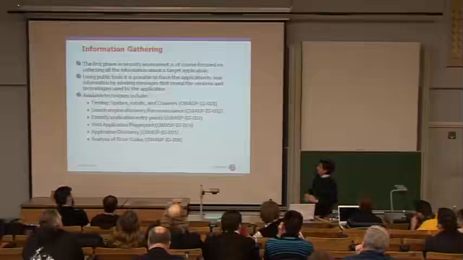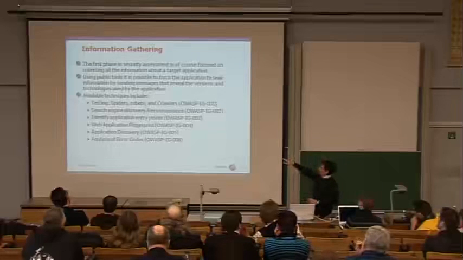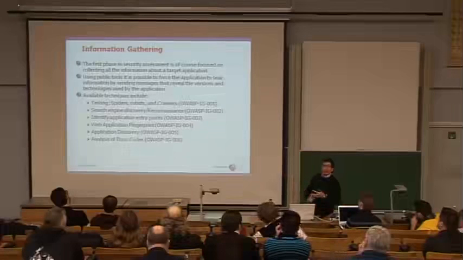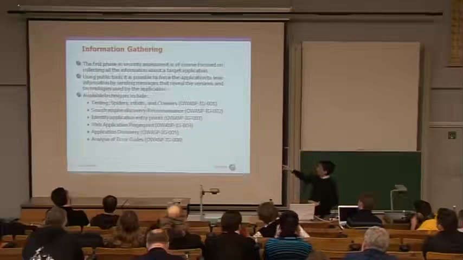So you can understand how the application functions during information gathering, and then you use spiders, robots and crawlers to understand everything about the application. Once you have identified the application entry points, we do web application fingerprinting to understand which web server and application server are running. Then we do application discovery and analysis of interesting error codes.